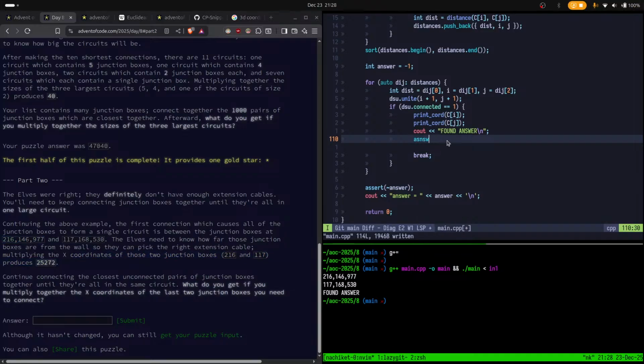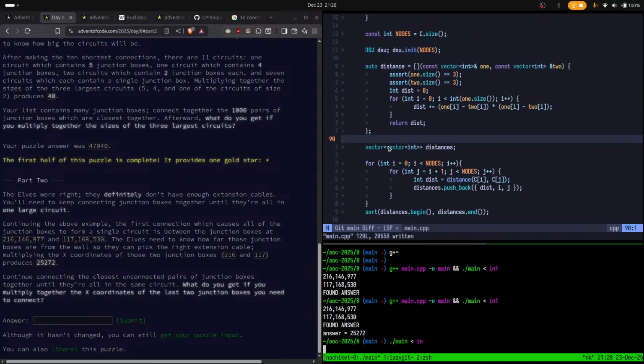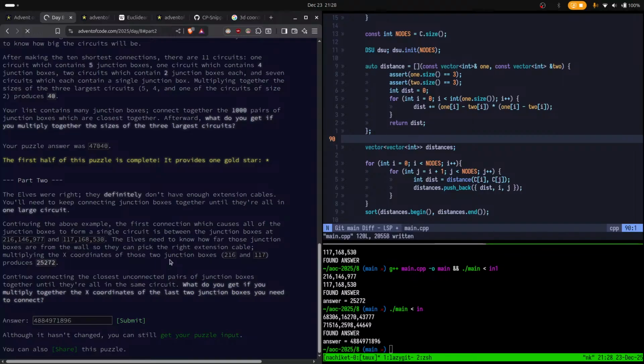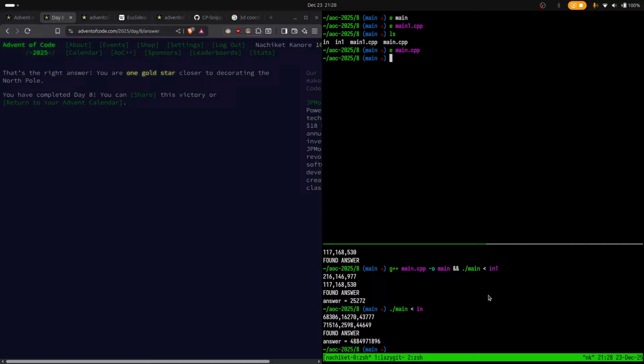So answer is ci of 0 multiplied by cj of 0. Okay, 25272. Let's try it on the larger input. Cool. So yeah, we have solved day 8 as well.